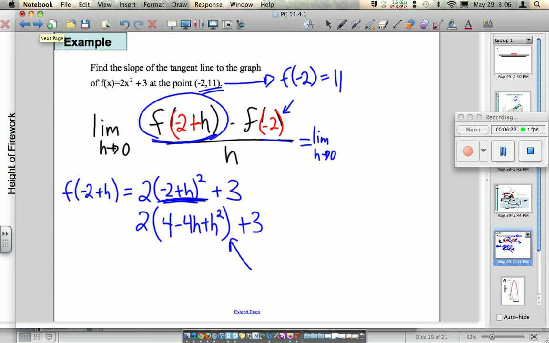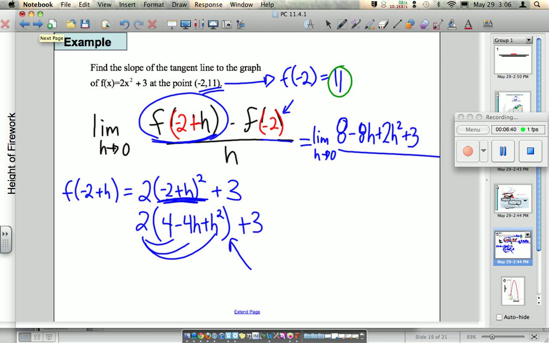Let's distribute the 2, and then I'll write it out here. So 2 times 4 is 8, minus 8h plus 2h squared plus 3. And then I'm going to subtract 11, because that's the value of f of negative 2. And that's still all over h.